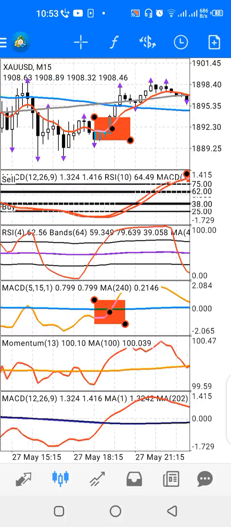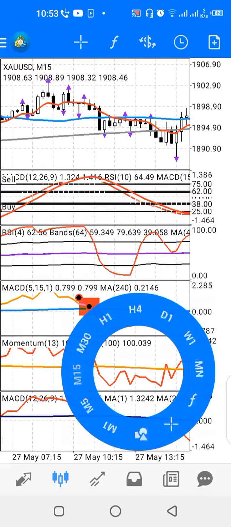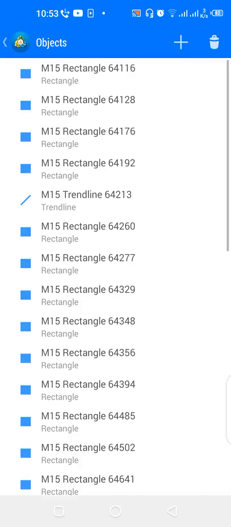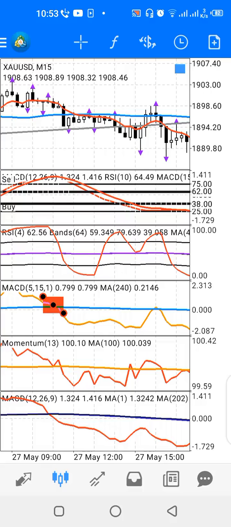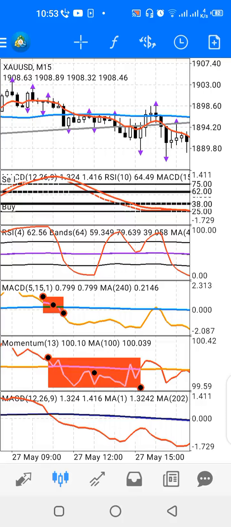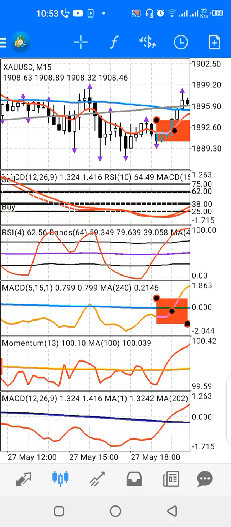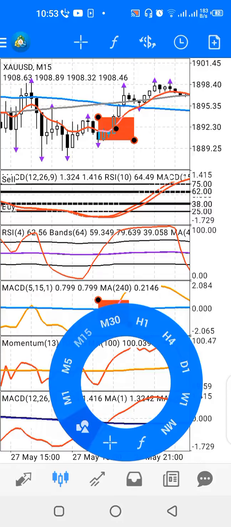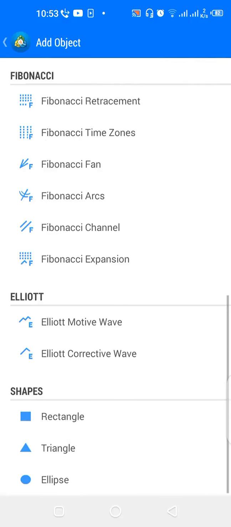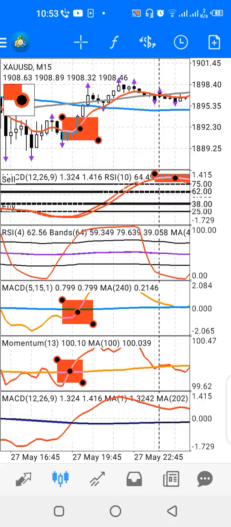Now the same thing applies to indicator window 4. This is indicator window 4. Just like indicator window 3, when the red line crosses down on the orange, sell signal. When it crosses up on the orange, buy signal.